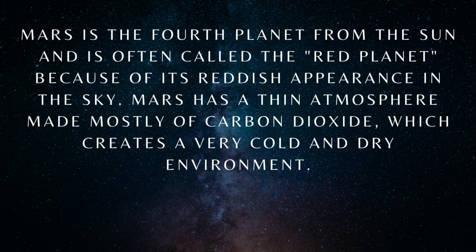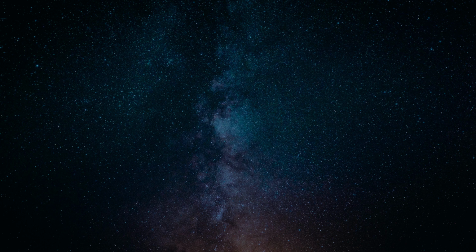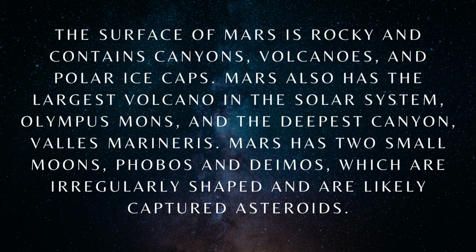Mars is the 4th planet from the Sun and is often called the red planet because of its reddish appearance in the sky. Mars has a thin atmosphere made mostly of carbon dioxide, which creates a very cold and dry environment. The surface of Mars is rocky and contains canyons, volcanoes, and polar ice caps.